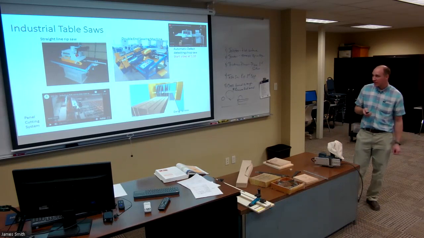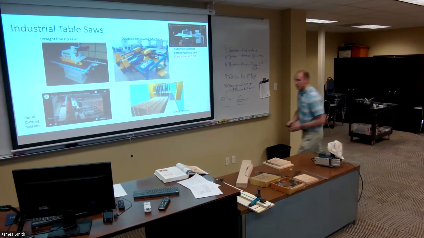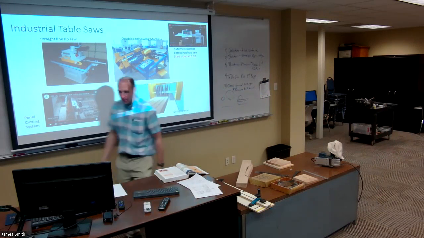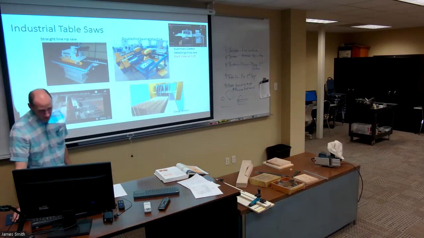So that's pretty neat. This is a gang ripping saw, just meaning you have an arbor with multiple saw blades mounted on it, and they're making multiple cuts in one panel. And then you have, hey, there's another video. We're having a hard time with video today.